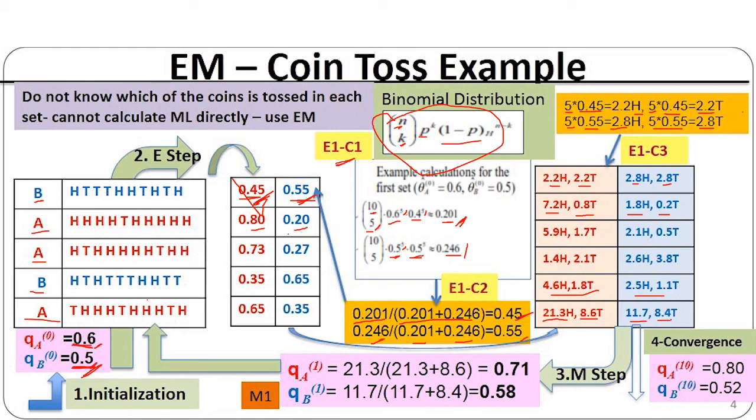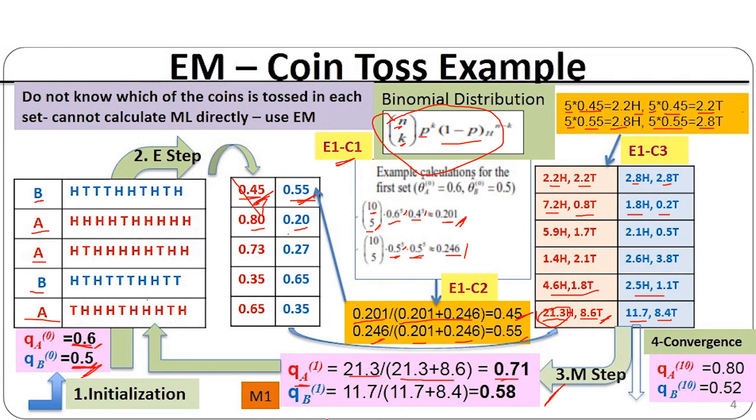Now after finding these values, they will be fed into the maximization step. So that is our M step. So here I'm going to find the probability. For coin A getting the head, the summed value is 21.3 upon 21.3 plus 8.6, which we got for coin A. So here we will get 0.71.